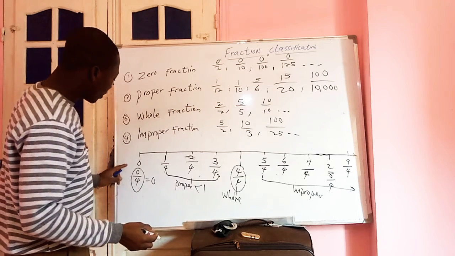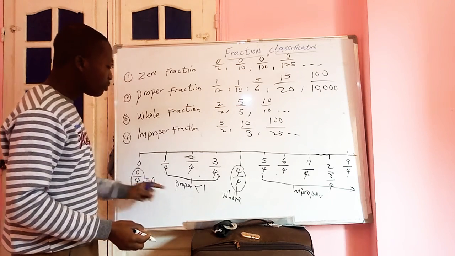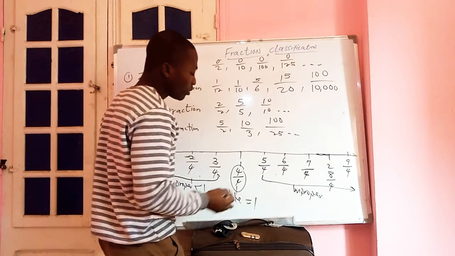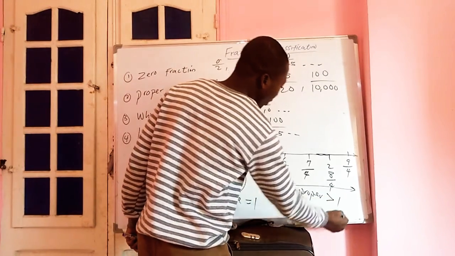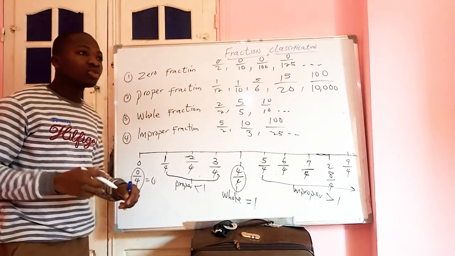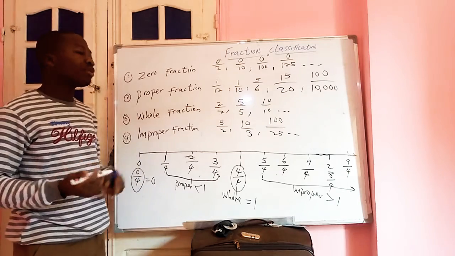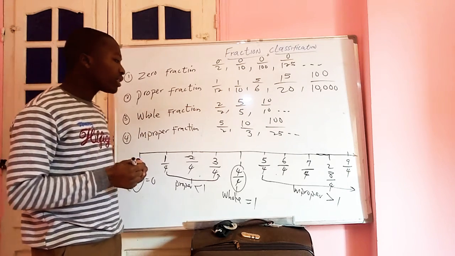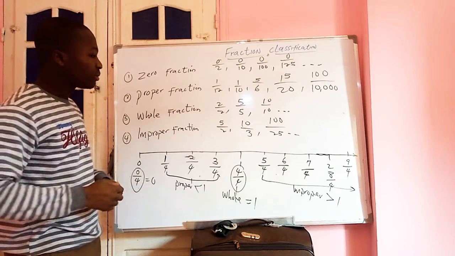A whole fraction always equals 1, while the improper fraction is always greater than 1. So we can use this classification of fractions to compare fractions. If we have two fractions to compare, we can use the types of fractions to compare them.